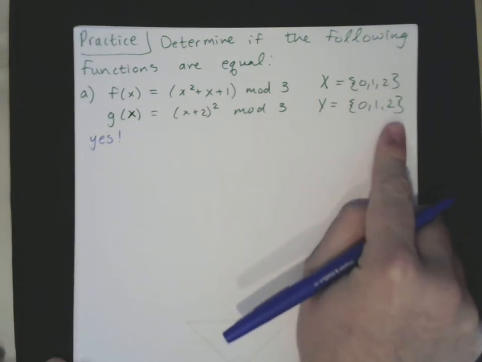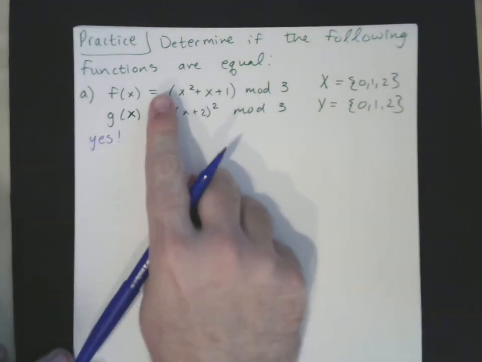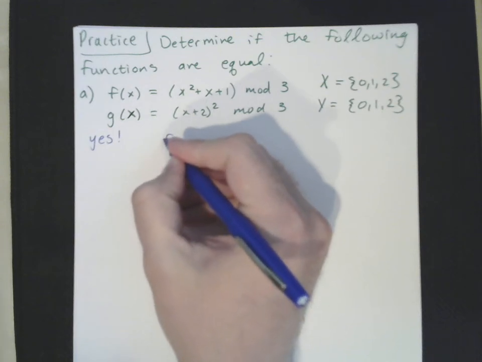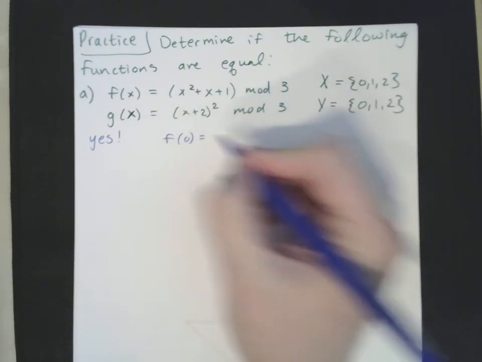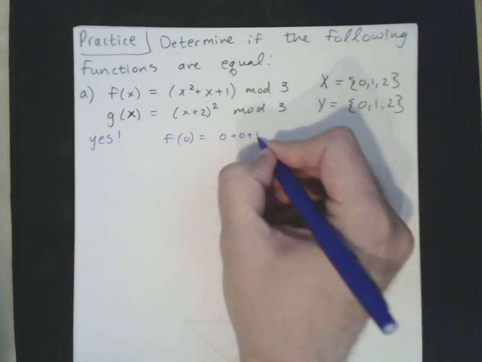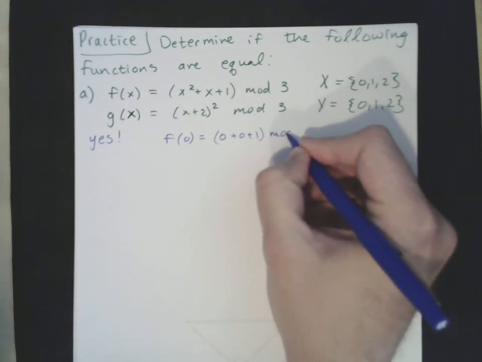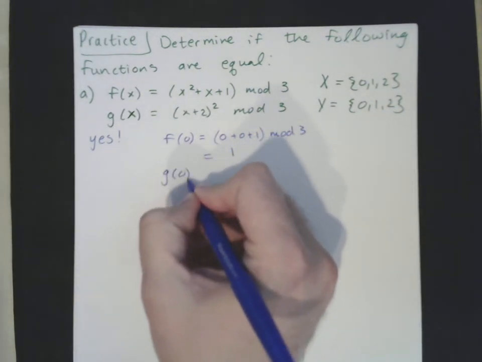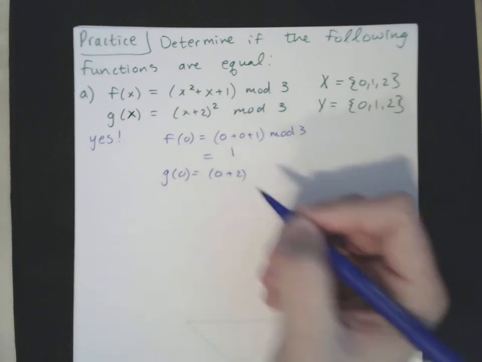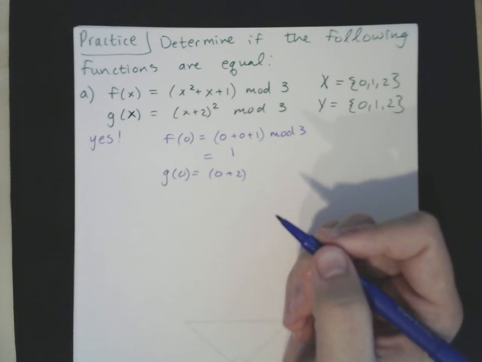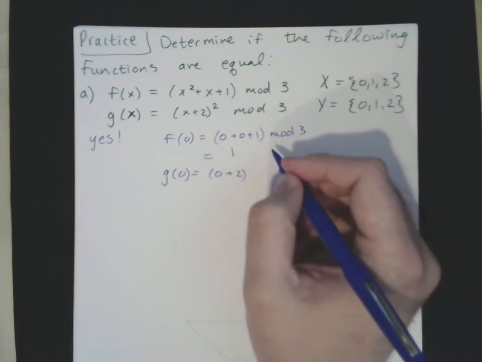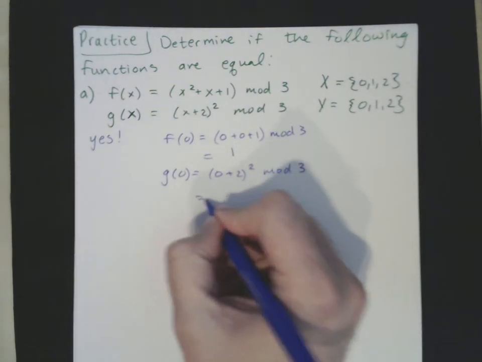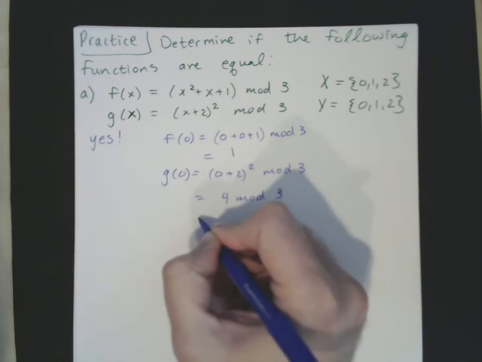So because our domain and codomain are so small, we can do this by brute force and just actually calculate what each of these are mod 3. So f of 0 is going to be 0 plus 0 plus 1 mod 3, which is just going to be 1. G of 0 is going to be 0 plus 2 squared mod 3, and that's going to be 4 mod 3, which is 1.